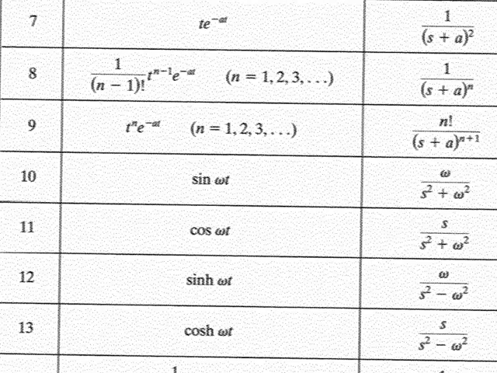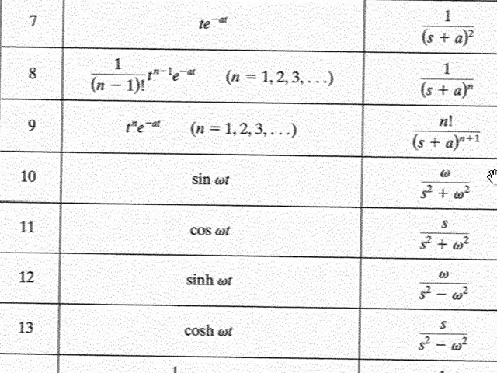When we try to match our function to a function in the table, we're going to always start by looking at the denominator. If we look at the denominator, it looks at first like line 10 will be a match. It would be a match in the case where omega was equal to the square root of k over m, or in other words, omega squared is equal to our constant, k over m.